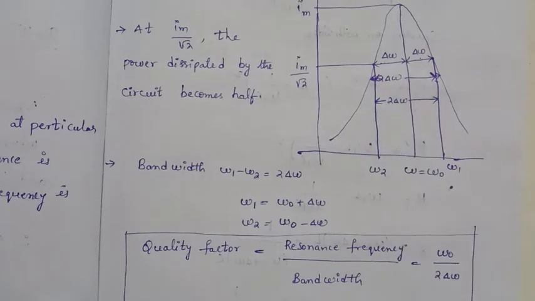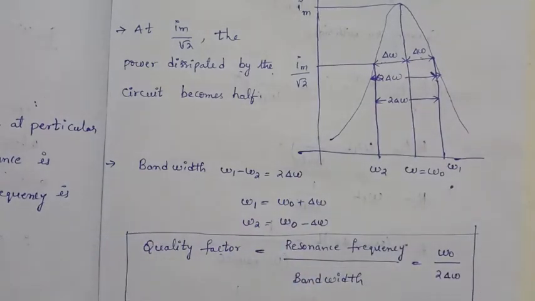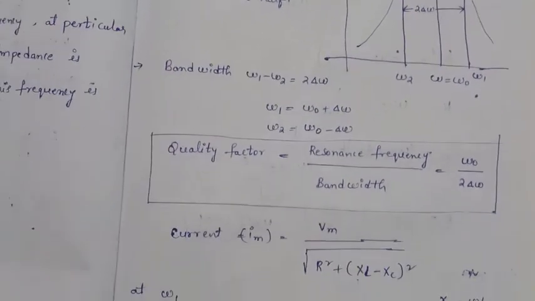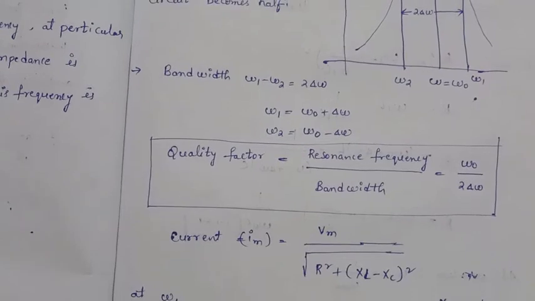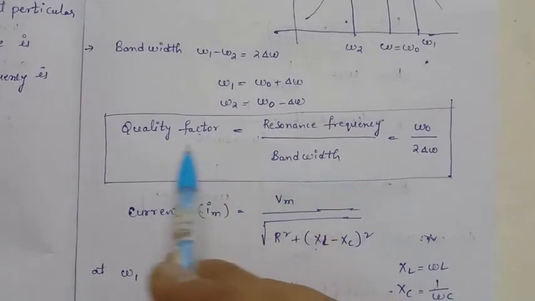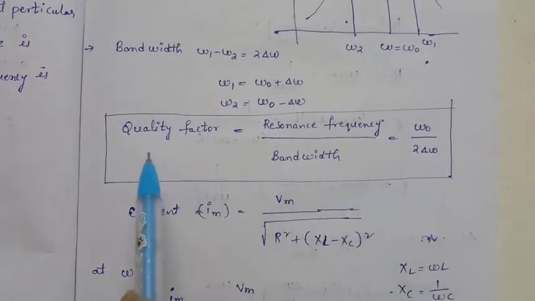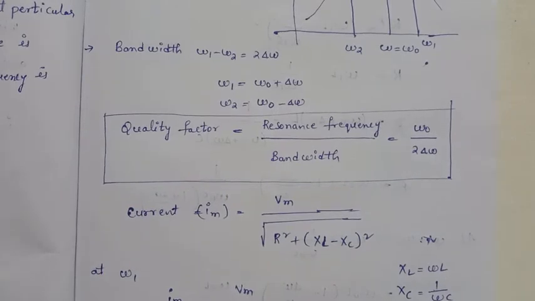If it has less bandwidth, the sharpness will be greater. This sharpness depends upon the quality factor. If the bandwidth is less, we have a good quality factor. So how do the bandwidth and quality factor depend on the inductor, capacitor and resistor?